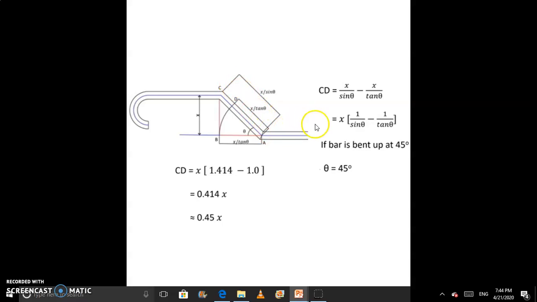So x sin theta, that is 1 upon sin theta minus 1 upon tan theta, and our bar is bent at 45 degrees. If our bar is bent at 45 degrees, we get x times 1.414 minus 1, and finally we get 0.414x, which approximately we call 0.45x. So 0.45x is nothing but the length of CD.